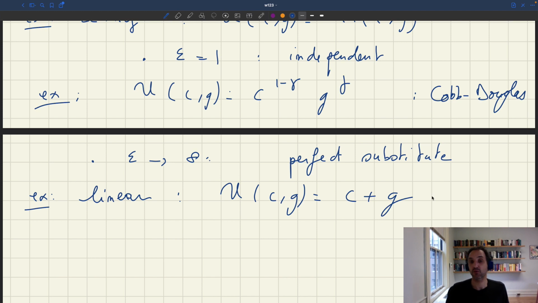In a world like this, what matters is only the sum of C and G. Whether it's only C that you have or only G that you have doesn't matter. Whatever the composition, only the sum matters, and so they substitute each other perfectly. It doesn't really matter whether the basket of goods is tilted toward one good or the other. The only thing that matters is the size of the basket. That's what you get with a linear utility function.